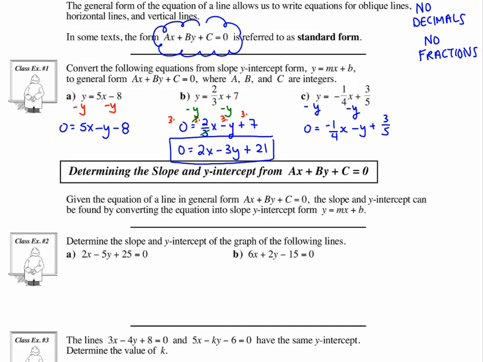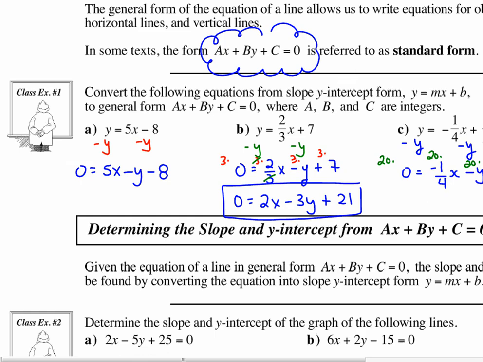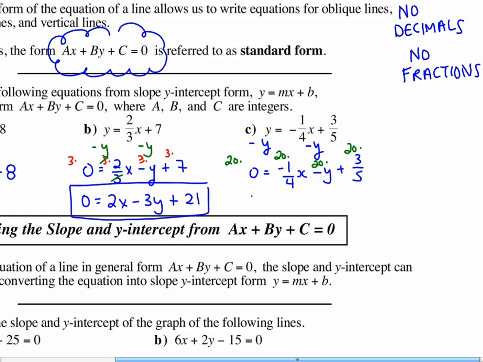We want to get rid of all fractions. So looking at 4 and 5, what would I multiply everything by to get rid of the 4 and the 5? 20, the lowest common multiple. So we're going to multiply everybody by 20. 20 times 0 is 0. 20 times -1/4 is -5.